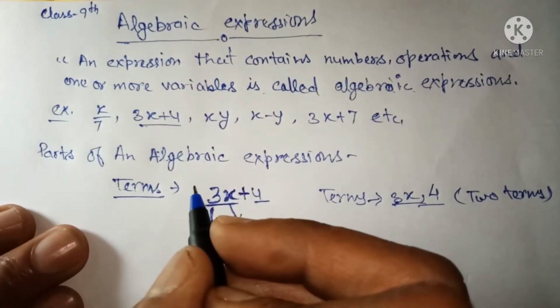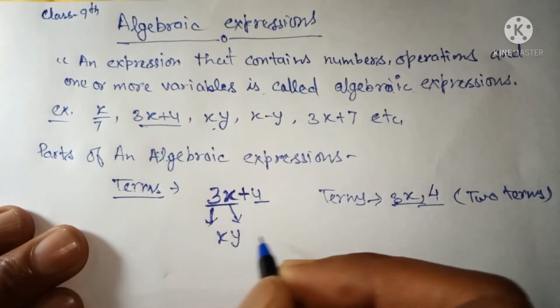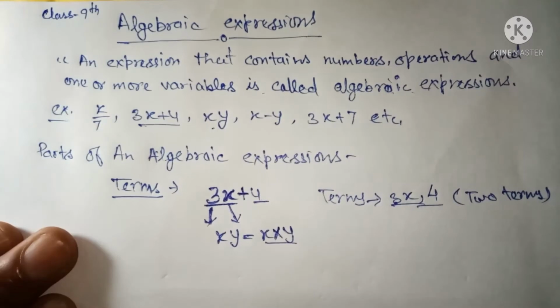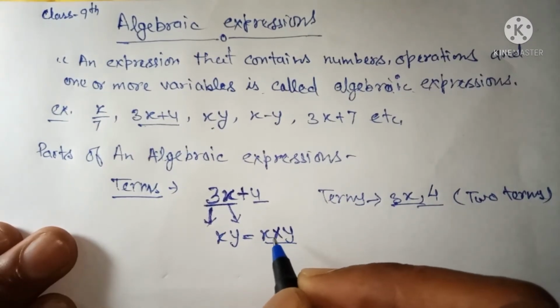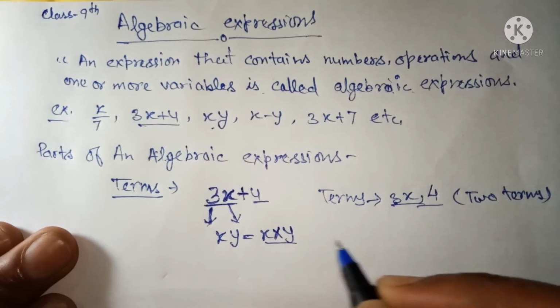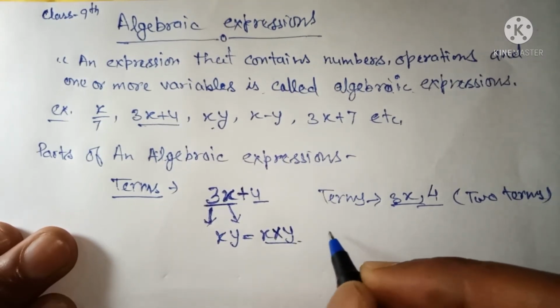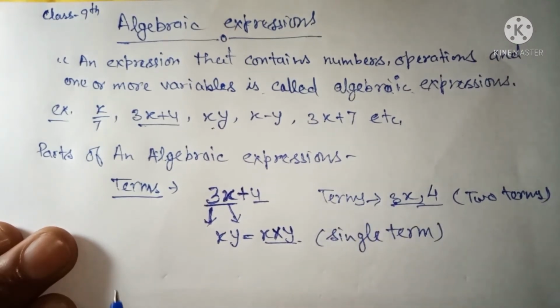In the example xy, we can write it as x into y. Here there is no plus or minus between x and y, only a multiplication sign, so this will be only a single term.